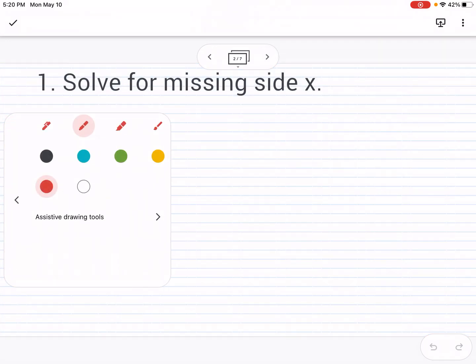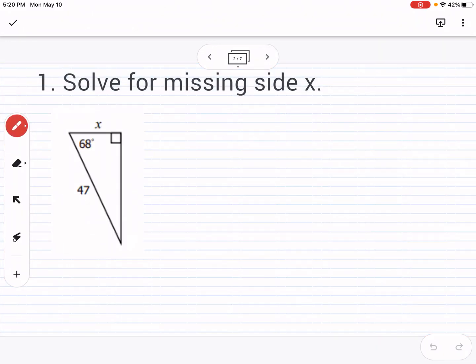So here on problem 1, we're going to start by labeling the sides before we solve for missing side x. I look opposite the 90, and that's my hypotenuse, or H. Then I look at my angle, 68 degrees, and across from that is my O, my opposite side.